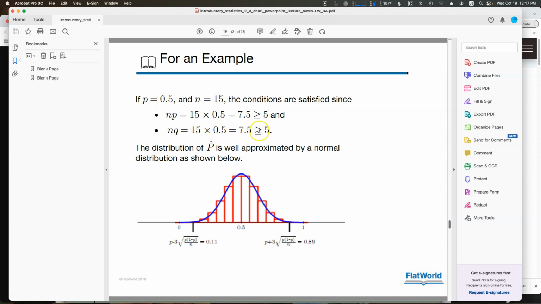So that's also greater than 5. What that allows us to do is say that the distribution of the proportion is going to be normally distributed. And we can see that right here. Most of our values are within 3 standard deviations away from the mean.